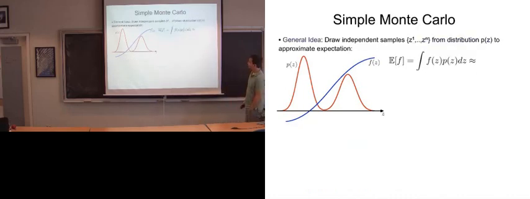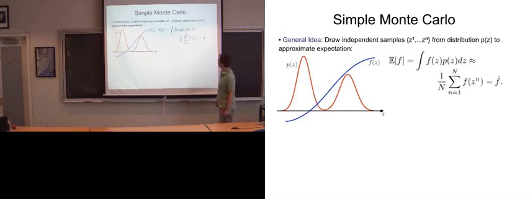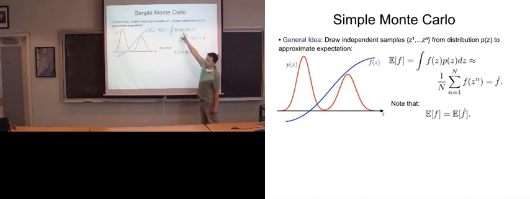Okay, so simple Monte Carlo, which forms the basis for a lot of Monte Carlo methods. The idea is very simple. You can draw independent samples from the distribution to approximate the expectation. We can draw samples from P and just look at the average.